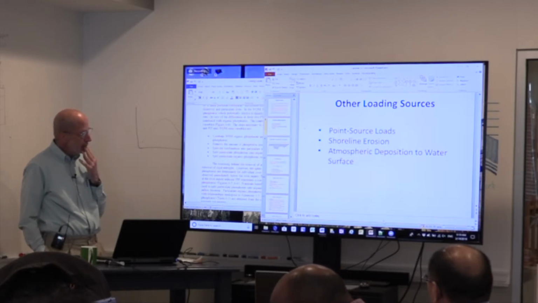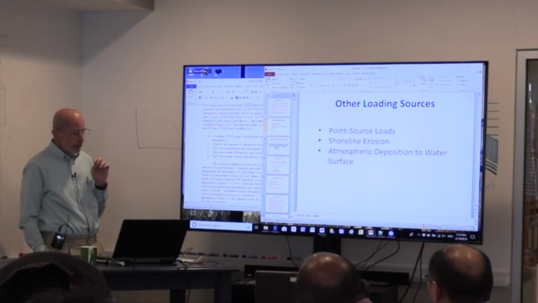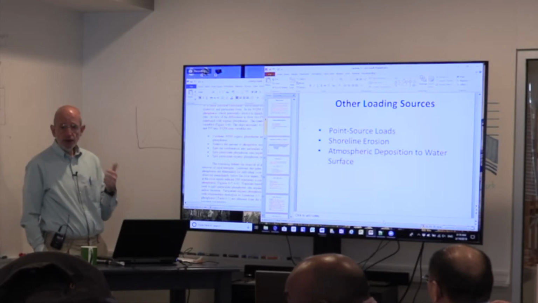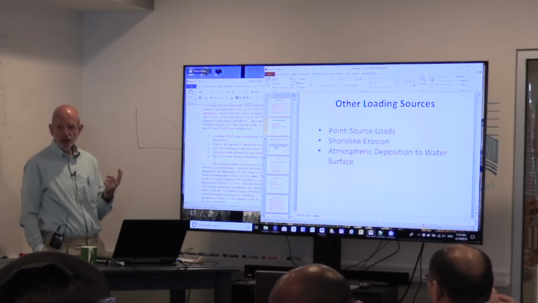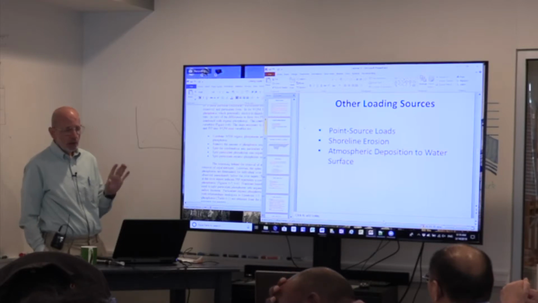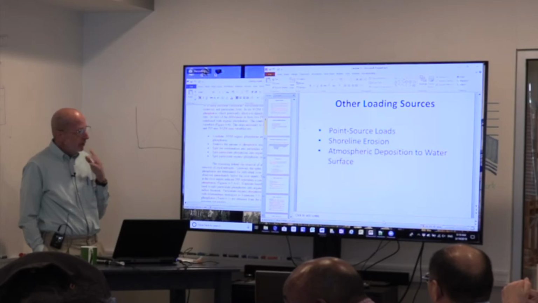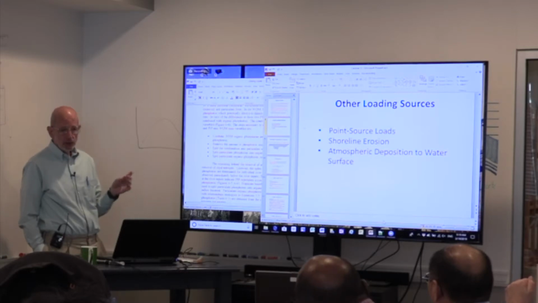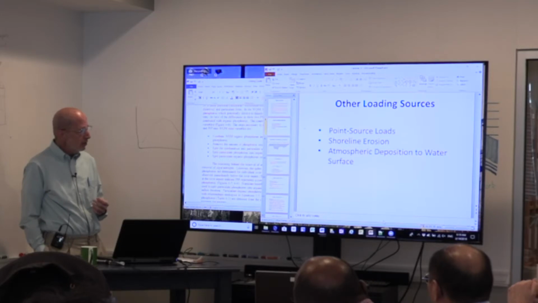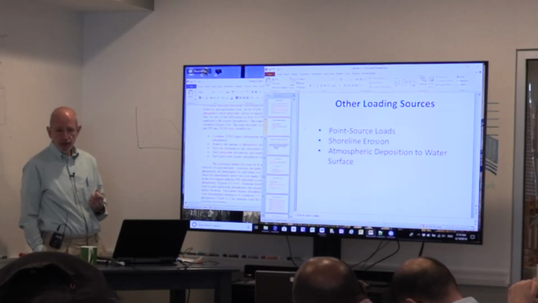Shoreline erosion. I talked about this a day or two ago. The loads from the shoreline erosion are really big and they're largely inert. But when you go out to the bay and take a total phosphorus sample, there's no way you can match it using a mass conservative water quality model. There's no way you can compute the total phosphorus in the bay if you just use loads from the watersheds and the point sources.